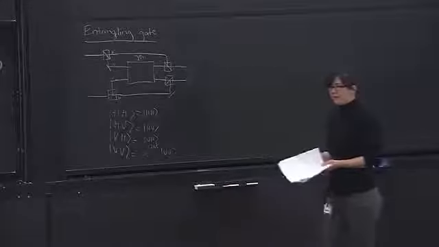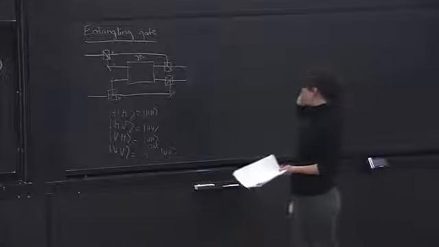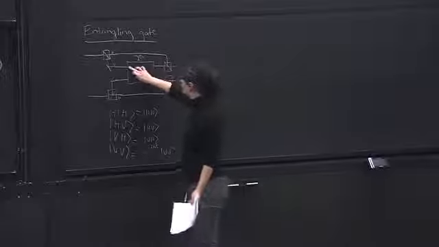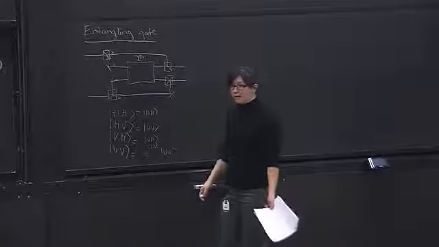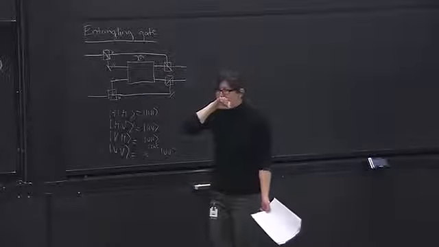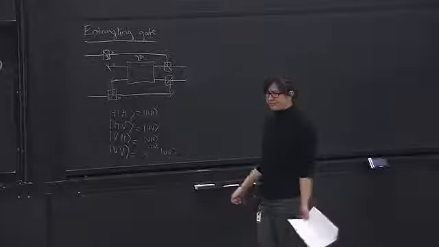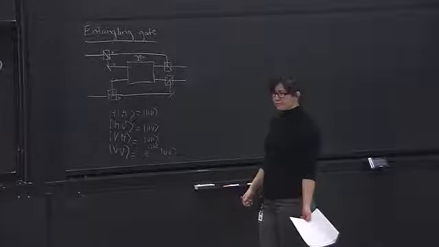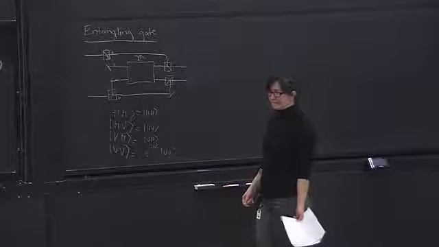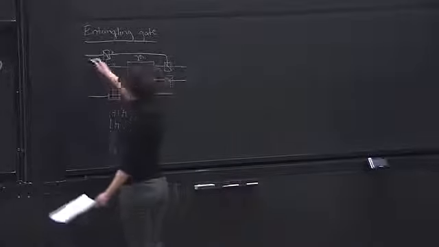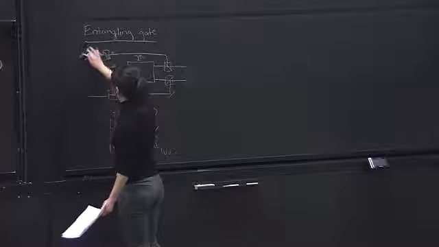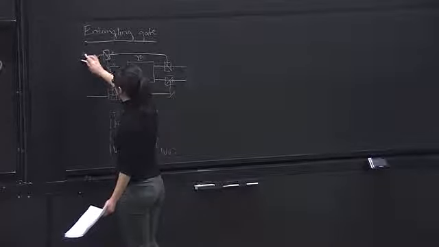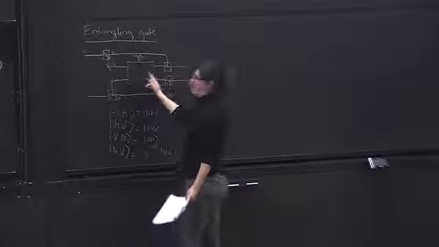How do you get correlated states at the beginning? To do this, do you need to have your photons in correlated states, so it's coherent, or can they be decoherent? You need them to both be going through here at the same time.